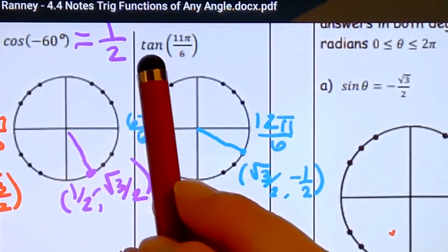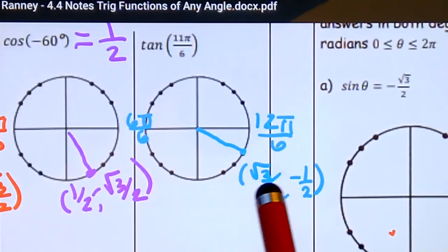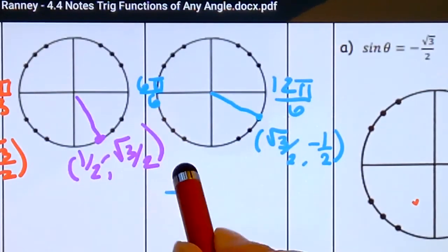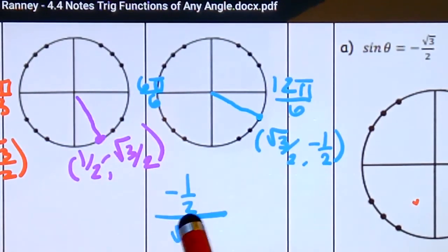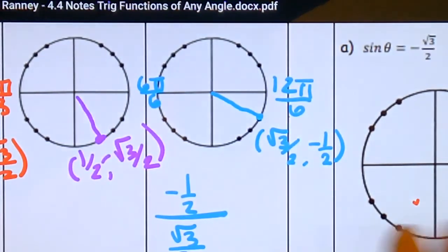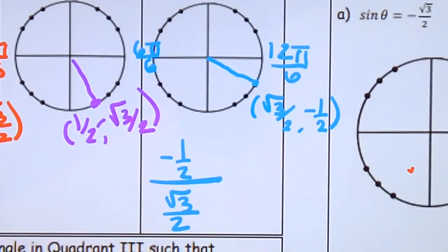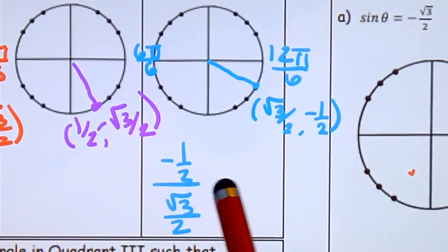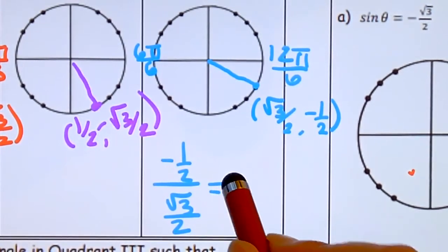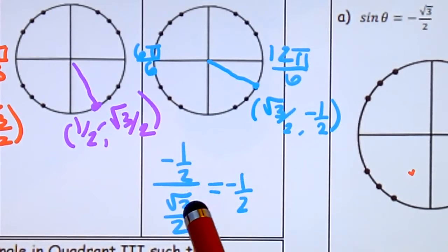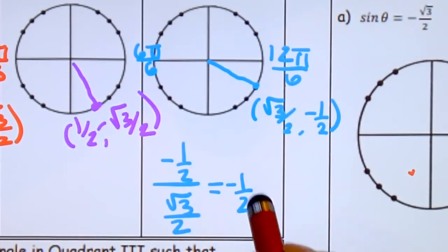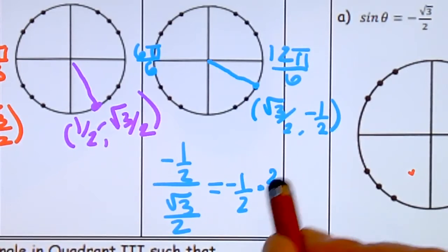Now, I want tangent. Tangent is y over x. So when I do y over x, I'm going to have negative 1/2 over √3/2. Do not leave it in this form. Okay, we need to clean it up. Basically, I'm taking this fraction divided by this fraction. So -1/2 divided by √3/2, you can change it to -1/2 times the reciprocal of what we're dividing by, okay?